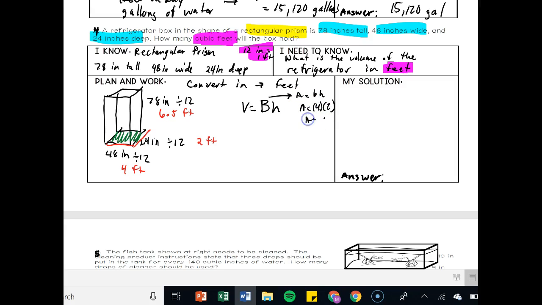So area of our base is 8. So our volume is 8 times our height of 6.5. And this gives us a volume of 52 feet cubed. So our answer, 52 feet cubed, is the volume, or how many cubic feet could fit in the refrigerator.